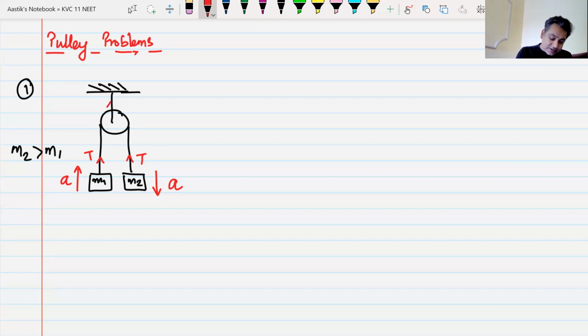There is one more tension, the tension in the string. The pulley is attached to the ceiling. So there are three things that you might have to calculate: this T1, this T, and this A. How are you going to do this?